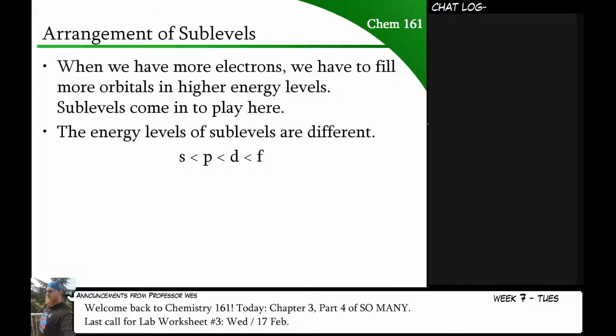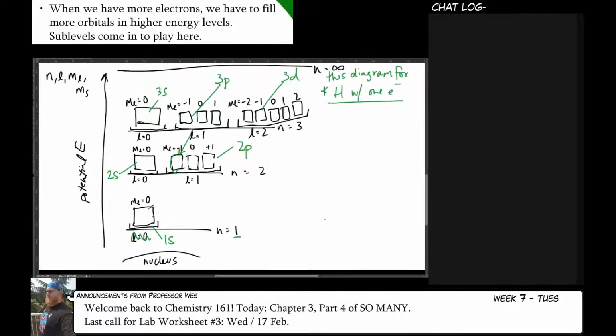For a given energy level n, sublevels arrange in the following order. S is the lowest in energy, then P, then D, then F. What that means is that when I go back to my diagram, here's the diagram again, you're going to see it a lot.